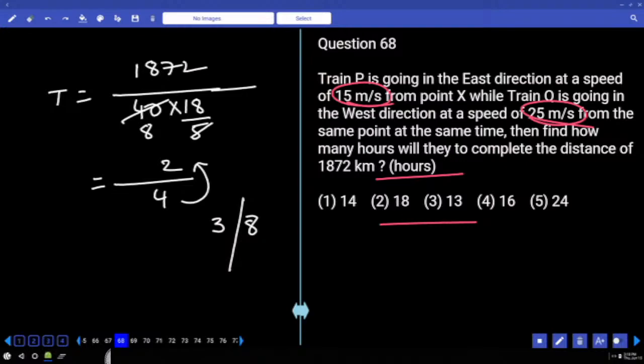Need not to be. You cannot decide like that. If I have a 27 multiple in the numerator and a 9 multiple in the denominator, our answer can be a 3 multiple.